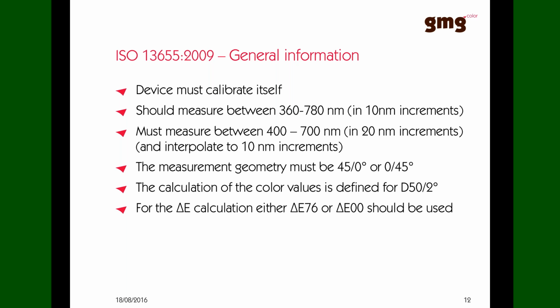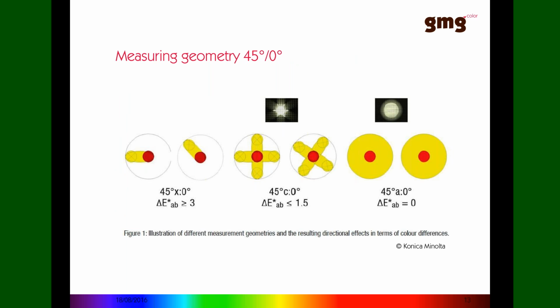Now I want to talk about the measurement geometry and about how a measurement geometry can affect the quality of your measurement. We are now going to have a look at the 45-0 degree measurement that should be used, and below is an image from Konica Minolta that we are using here.